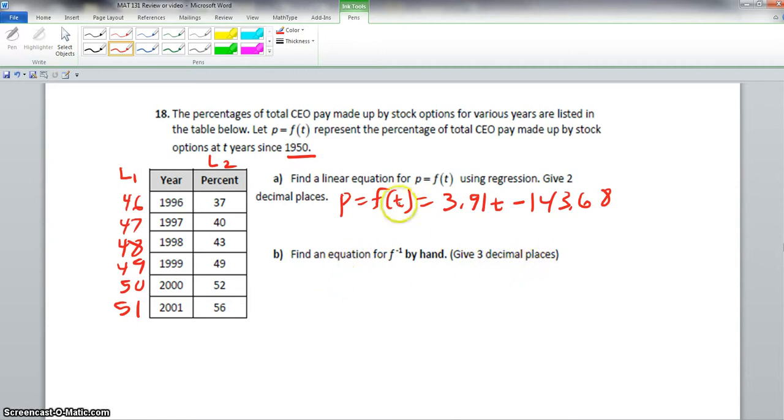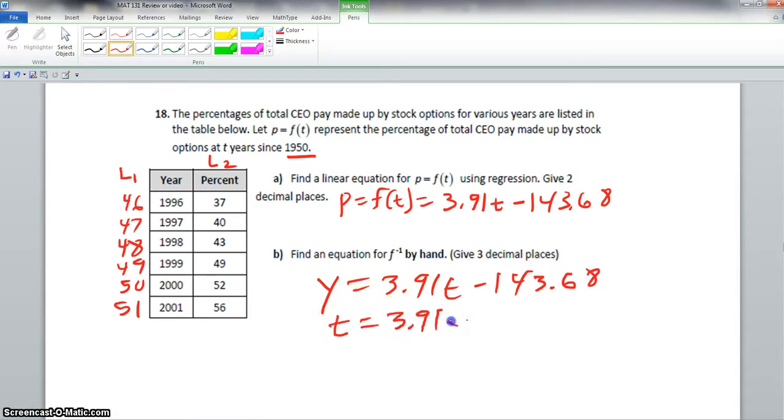Basically, we will make this y equal to 3.91t minus 143.68. And we'll switch to y and t. So t is equal to 3.91y minus 143.68. Now remember, we want to get y by itself.